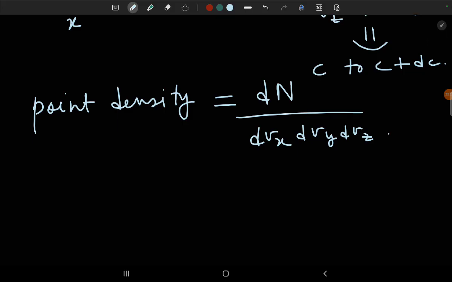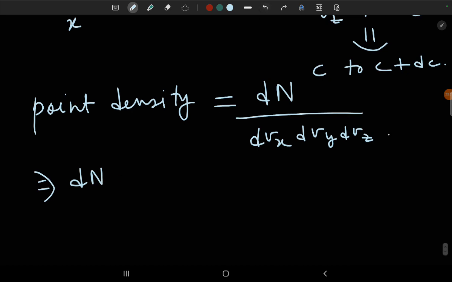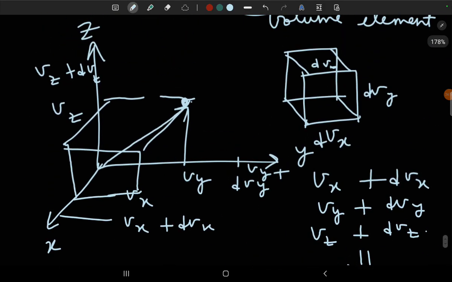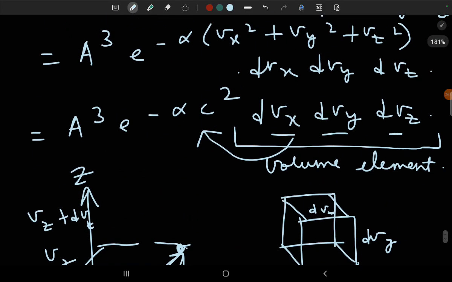Now this dnc for now is actually the point density into dvx, dvy, dvz. We can compare with this equation, right?